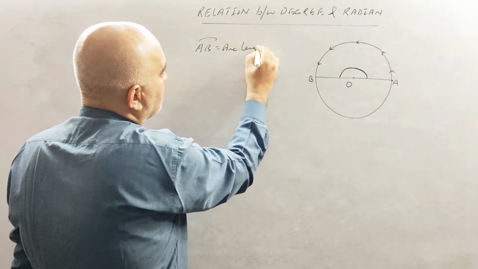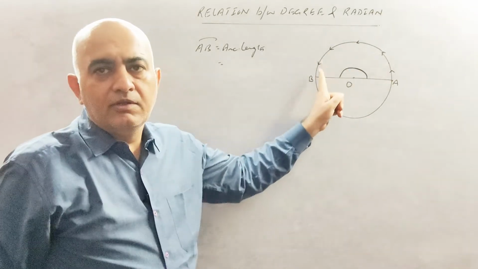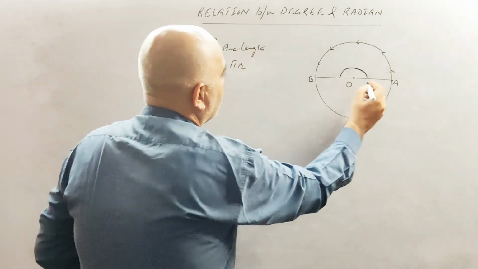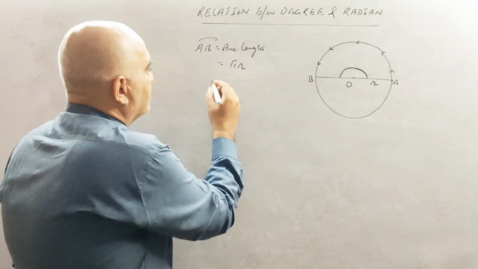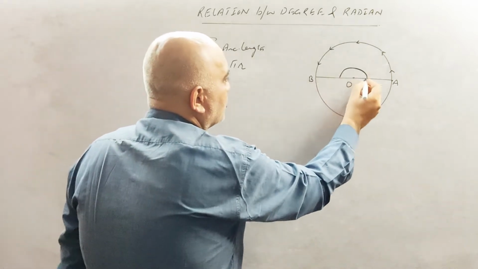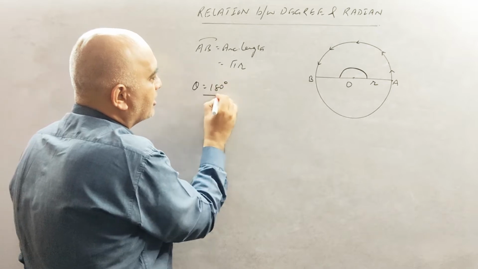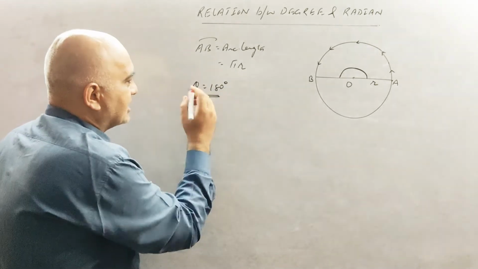Basically, the arc length is a semicircle, the semi-perimeter. So the semi-perimeter is given by pi r, if r is the radius of the circle, right? And here theta is equal to 180 degree, obviously, which is our central angle.